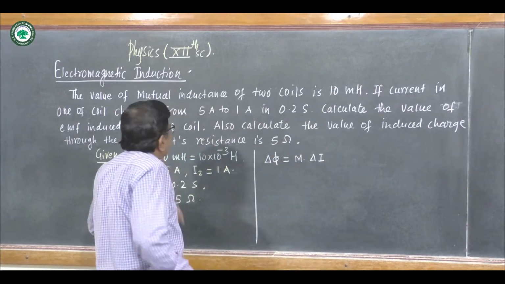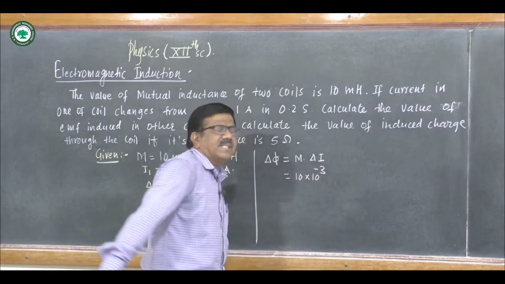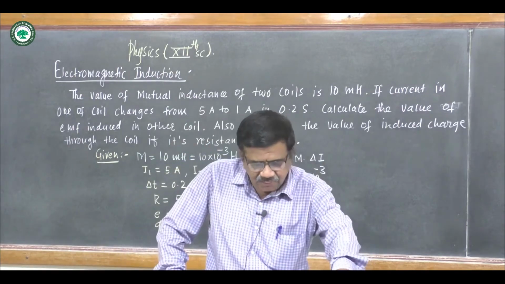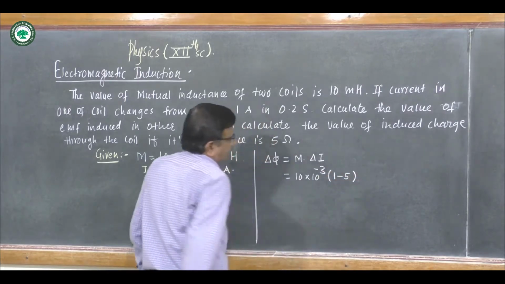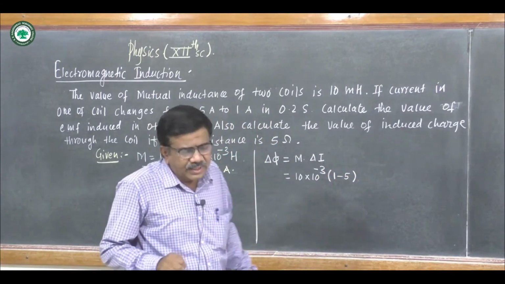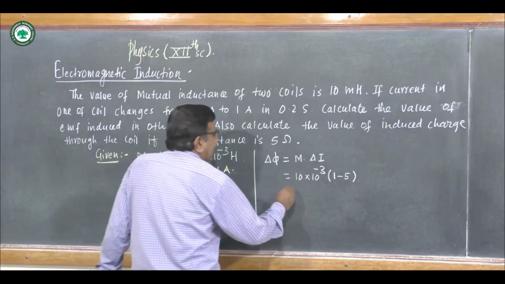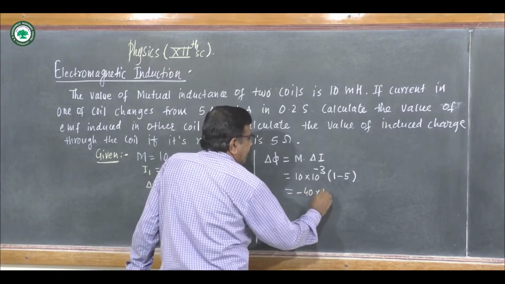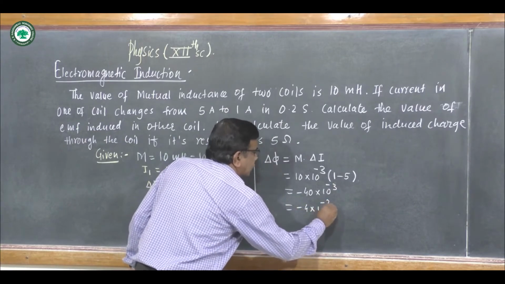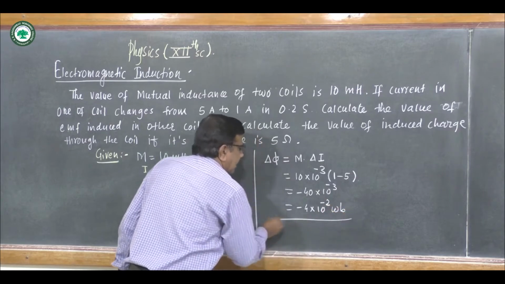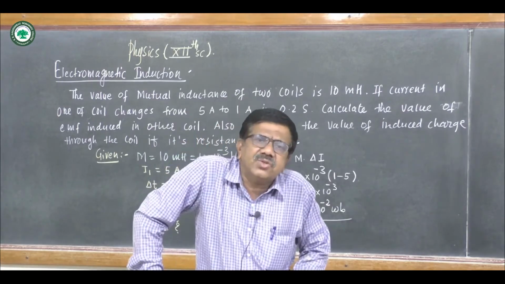Now M we know, that is 10 into 10 raised to minus 3, and change in current is 1 minus 5, that is minus 4. Minus 4 into 10 into 10 raised to minus 3, that is minus 40 into 10 raised to minus 3, or minus 4 into 10 raised to minus 2 Weber. This is the change in magnetic flux.